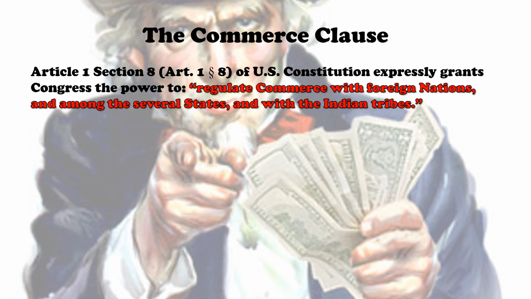Now, at this point, I have to give you a couple terms that will help you make sense of what we're going to talk about. The first term is domestic. A domestic business is a business located within the state. The next term is foreign.